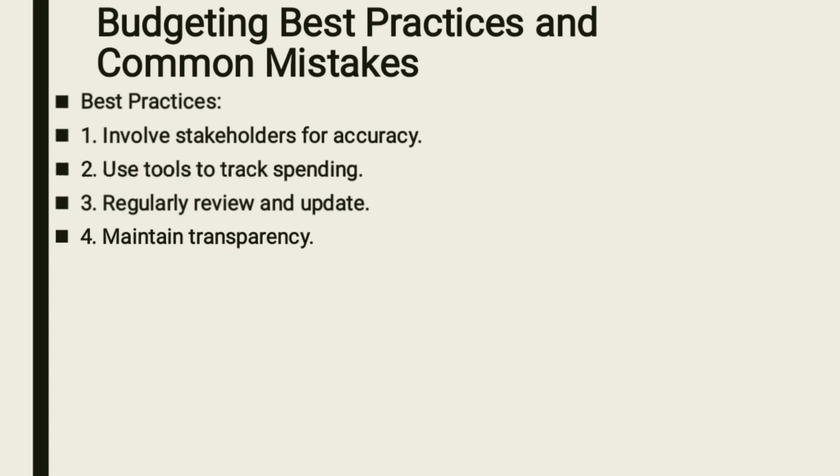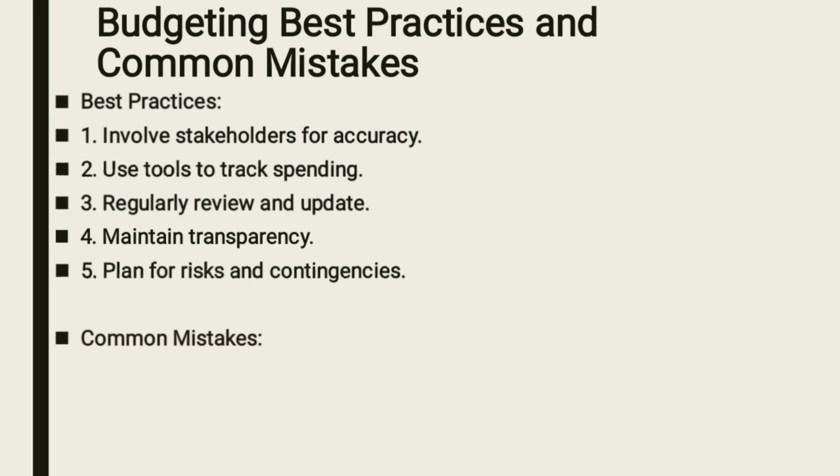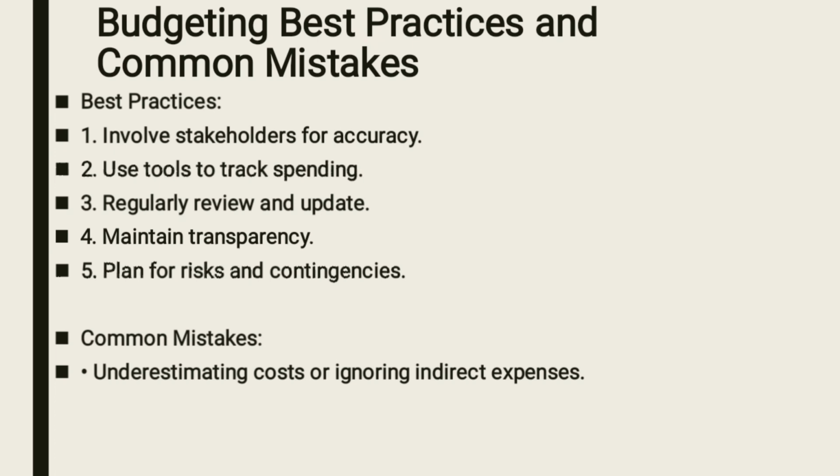Ensure there is transparency in how you're spending your budget, so the team members and stakeholders are aware. You should also plan for contingency in case you run out of some materials as your project is running. What are you going to do? You need to plan for such things.